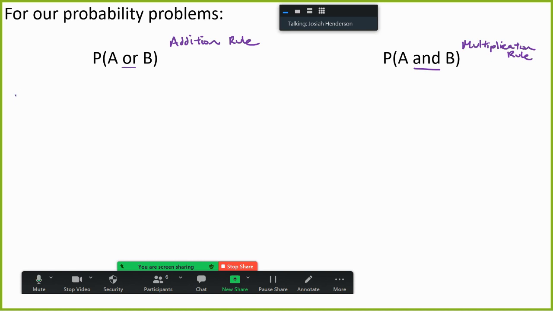So the first one, and this is not new, this is just from last week. Mutually exclusive. This means event A and event B cannot happen at the same time. They are exclusive. They are VIPs. So they don't occur together. A and B cannot happen simultaneously.